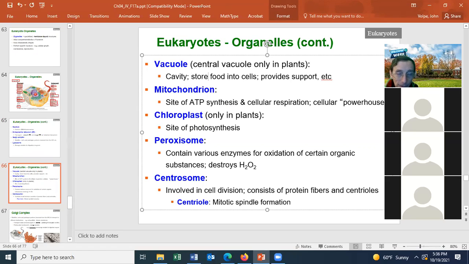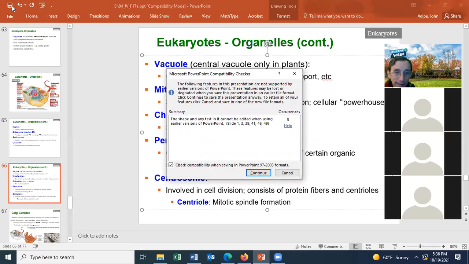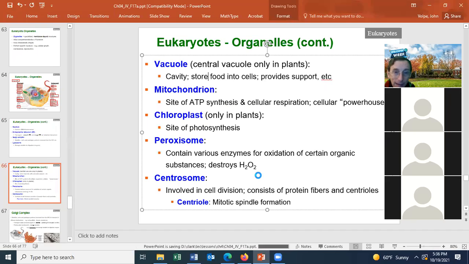But once that vesicle gets to where it wants to stay, and it's now just storing the material, it's not moving it to another place in the cell, then we call it a vacuole. So a vesicle moves material from one place in the cell to another. And then once it stops moving, we will call it a vacuole because it's storing the material.